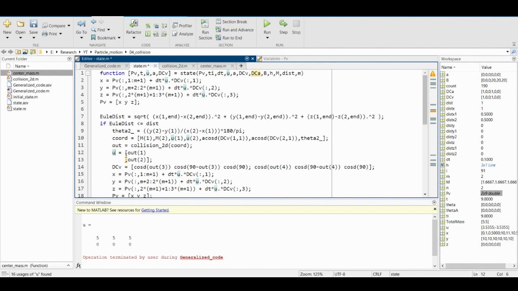Okay, so for the first particle, it will be like first row, comma, all, if 2 particles are there, is equal to out. I need to make it generalized.